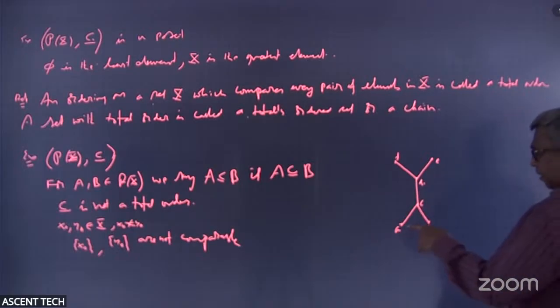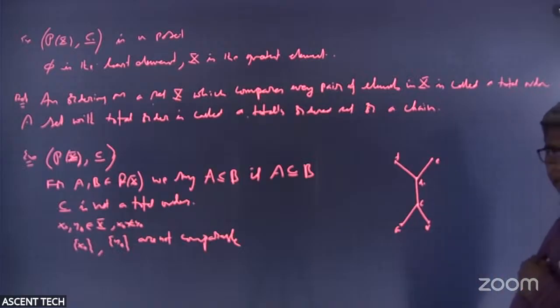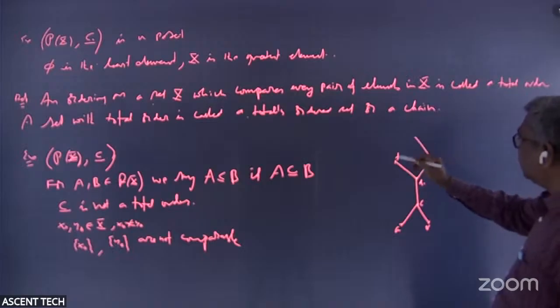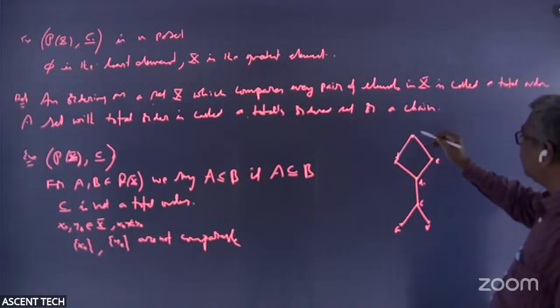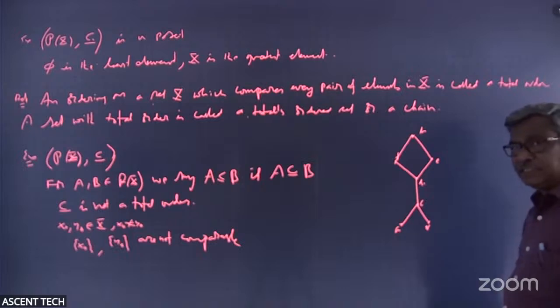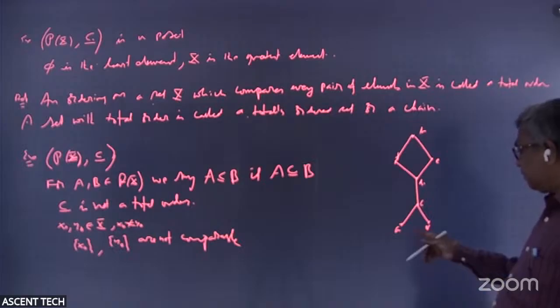Now, A is a minimal element. It is not the least element. E is the maximal element. It's not the greatest element. If I had a situation like this, I can say H is the maximum or the greatest element, but there is no least element.